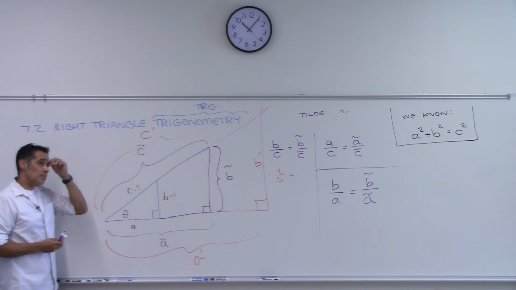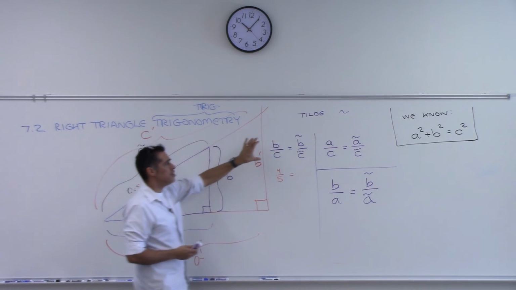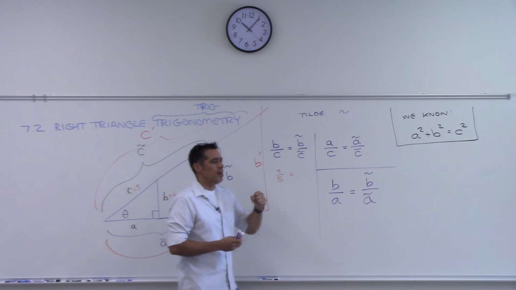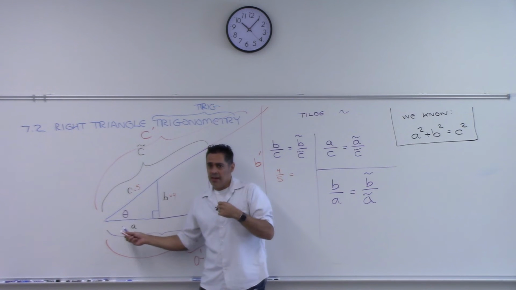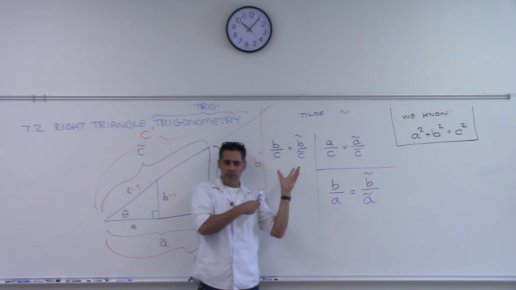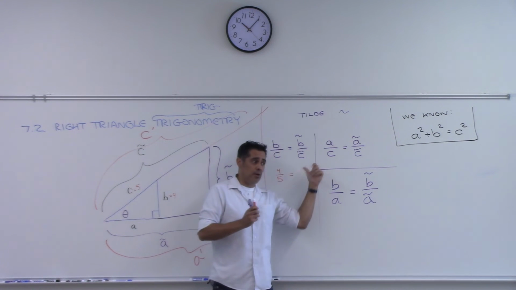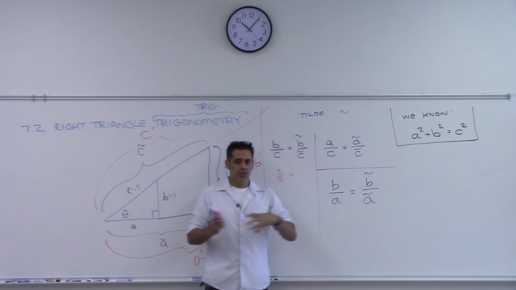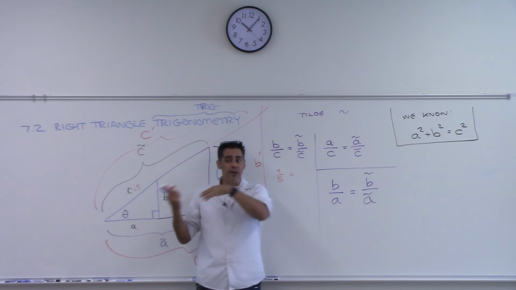Therefore, these ratios are controlled by the angle, right? Change the angle, change the ratio. If I manipulate this, I have a different output over here, don't I? Change the input, changes the output. That's what functions do, right?